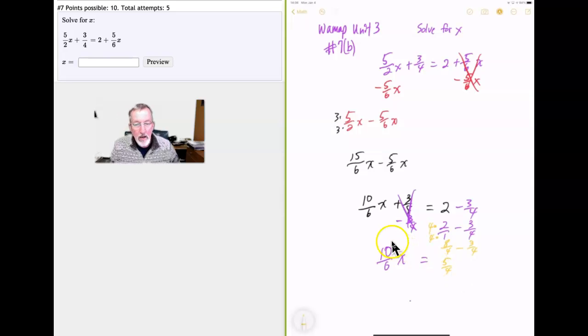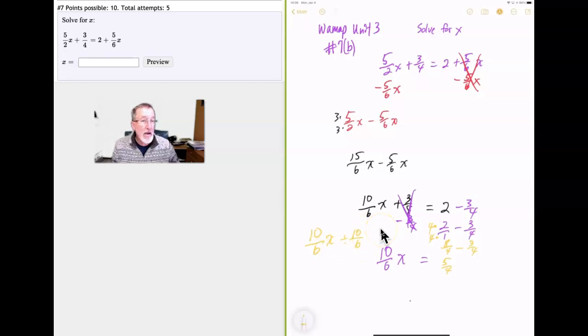So once you've done this for a while, you can see, oh, I can use an inverse and eliminate that 10 over 6 completely. So if we were to say 10 over 6 x divided by 10 over 6, we're multiplying by 1 and we want to divide by that very same number.